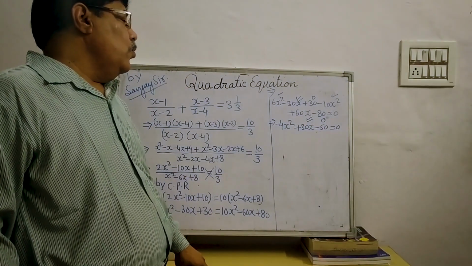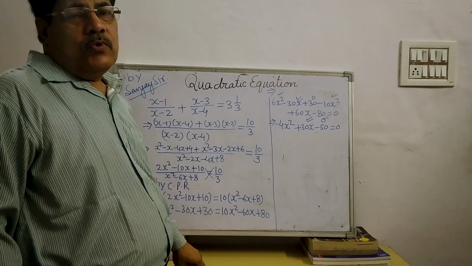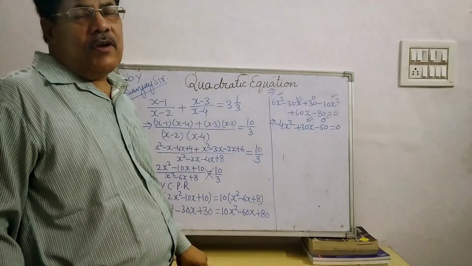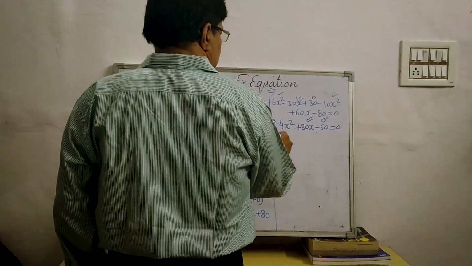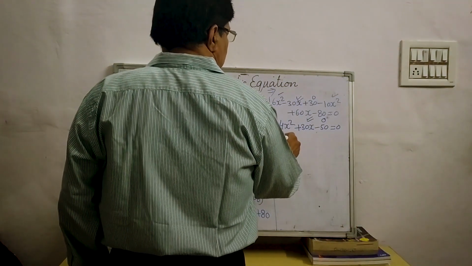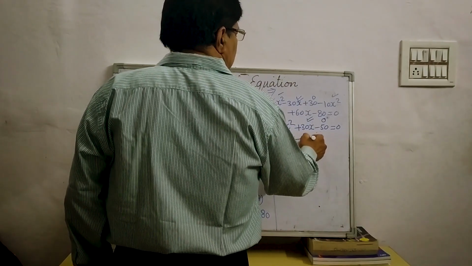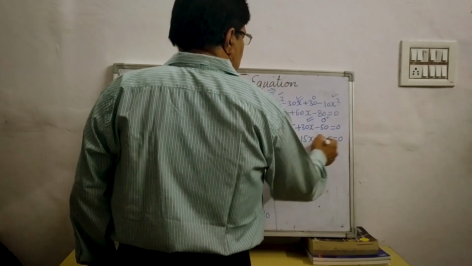Now what will we do? We can easily divide it by minus 2, because minus 2 will make the leading term plus, so it will be easier for us to do the calculation. Divide all the terms by minus 2. What will be there? It will be 2x square minus 15x plus 25 equal to 0.